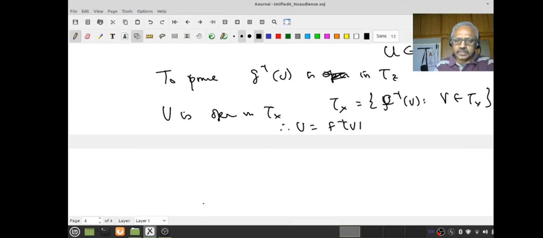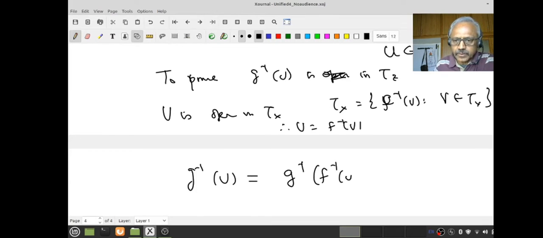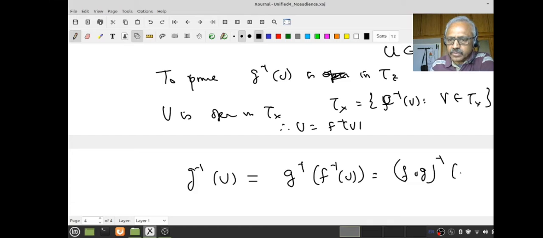Therefore G inverse U is nothing other than G inverse of F inverse of B, but this is nothing other than F composite G inverse of B.